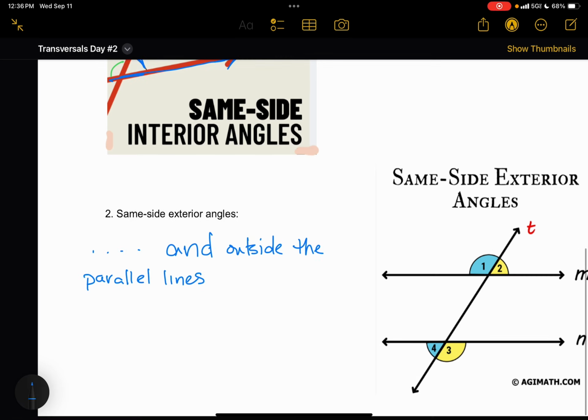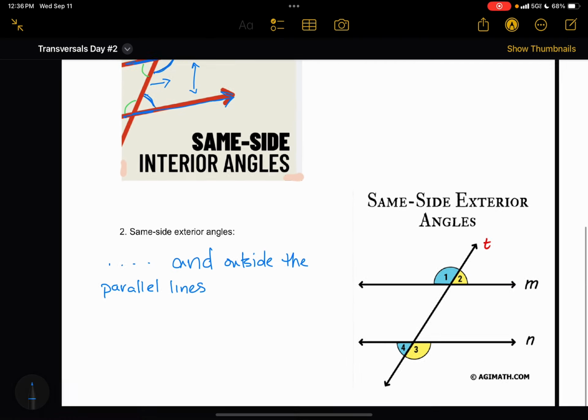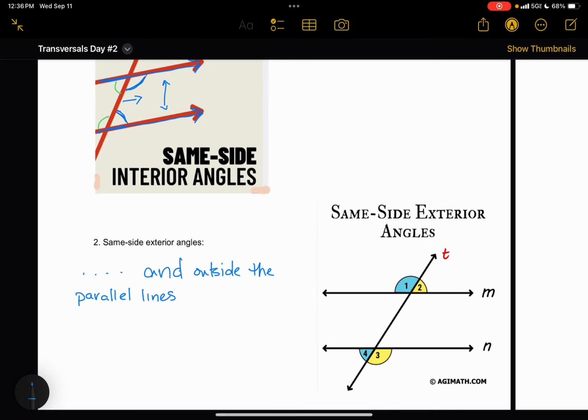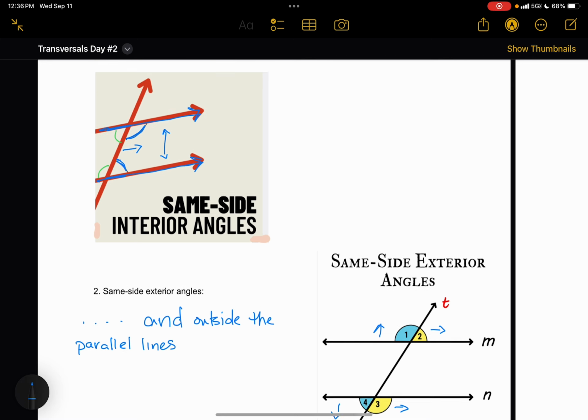Right, and if you look at our little picture here, you'll notice that 1 and 4 are outside of the lines, right? We want them outside. 2 and 3 are outside, but notice they're on the same side of the transversal. We're still on this side of the transversal, right? But we're just on the outside of those parallel lines this time.